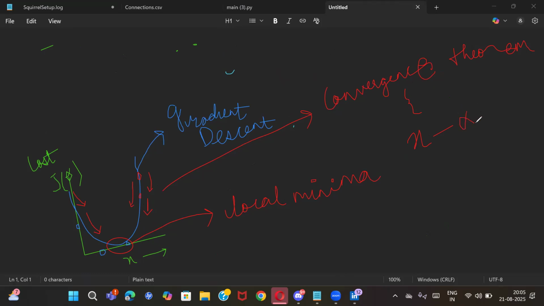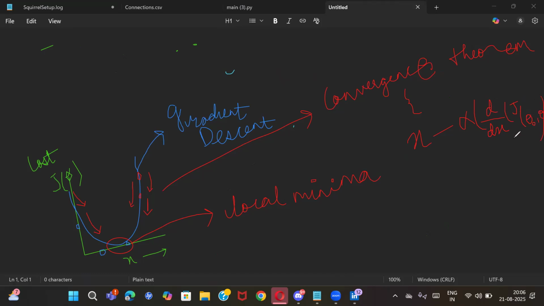x minus alpha, and within alpha, we'll be writing d by dx of my j theta, the cost function, j theta naught, theta 1.